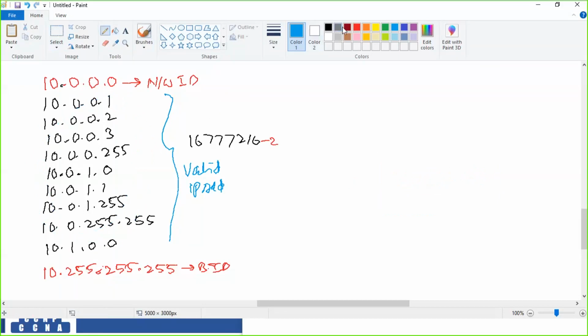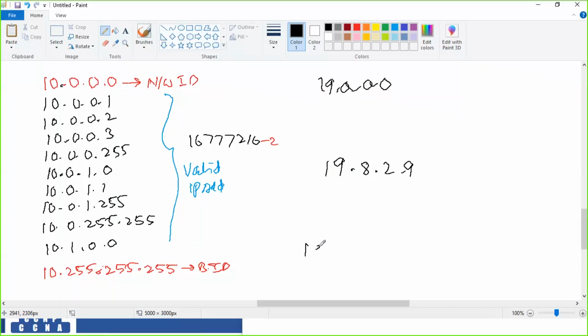So tell me, 19.8.2.9 is an IP address. What will be the network ID of this IP address? The network ID is 19.0.0.0.